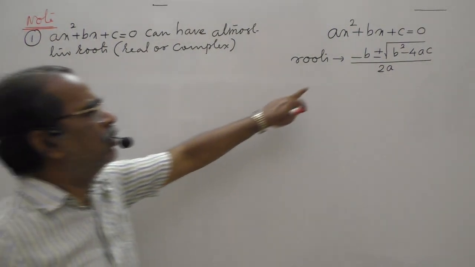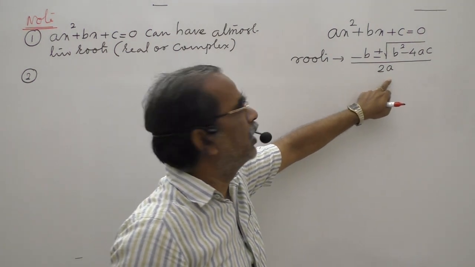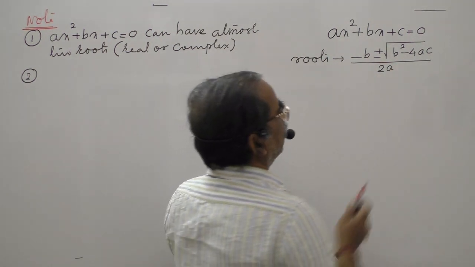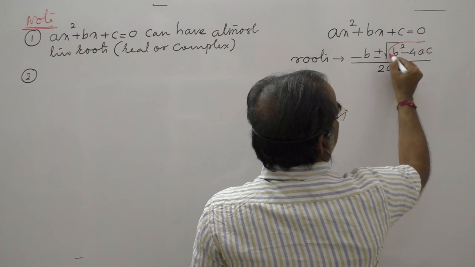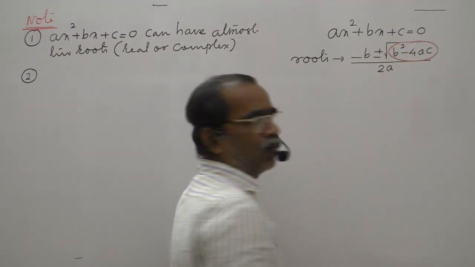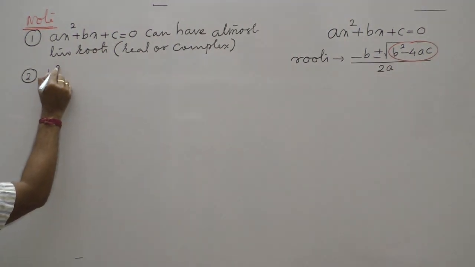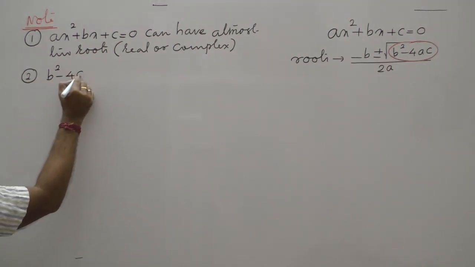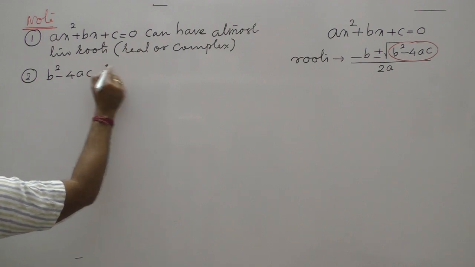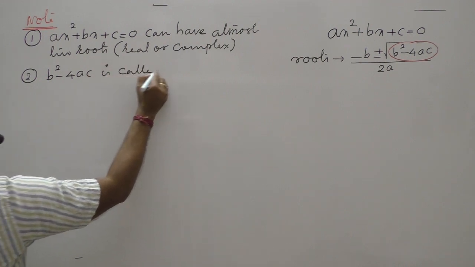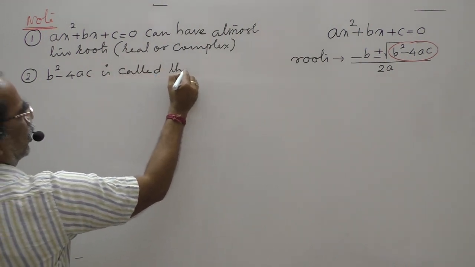In the roots of this equation, this quantity b square minus 4ac is inside the root. So b square minus 4ac is called the discriminant.